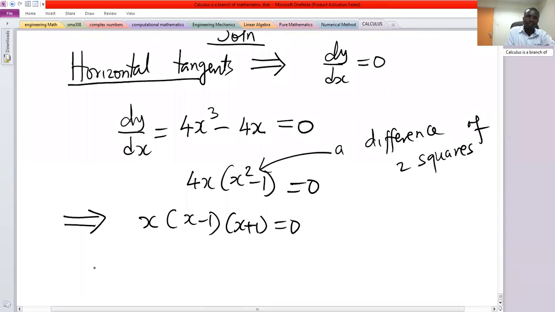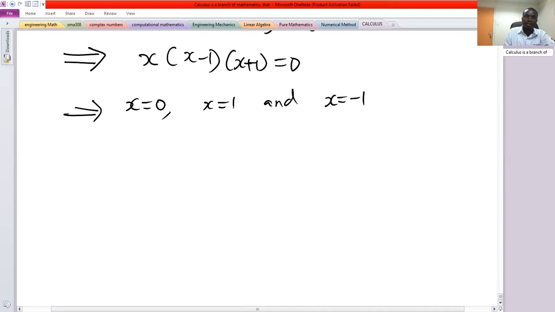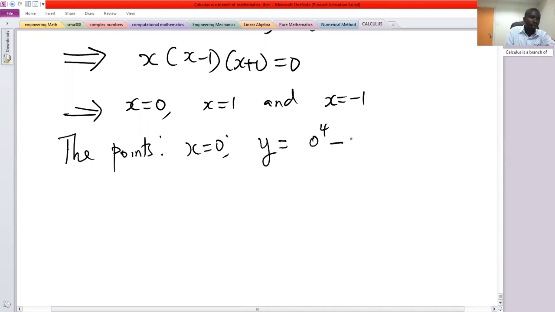And this product of three linear terms implies that x equals 0, x equals 1, and x equals -1. So the points: when x equals 0, y will be given by 0 to the power 4 minus 2 times 0 squared plus 2, which gives us 2.